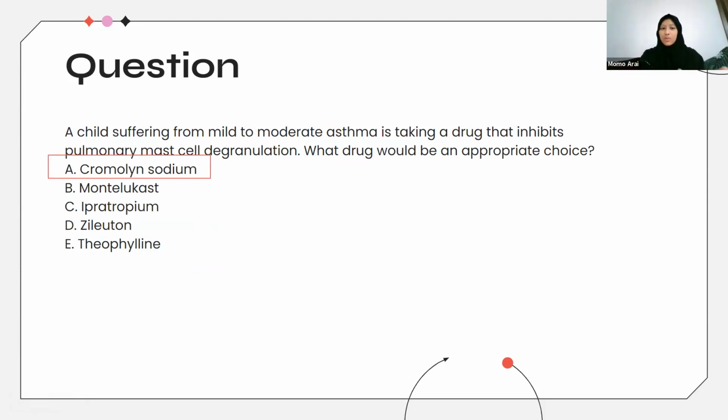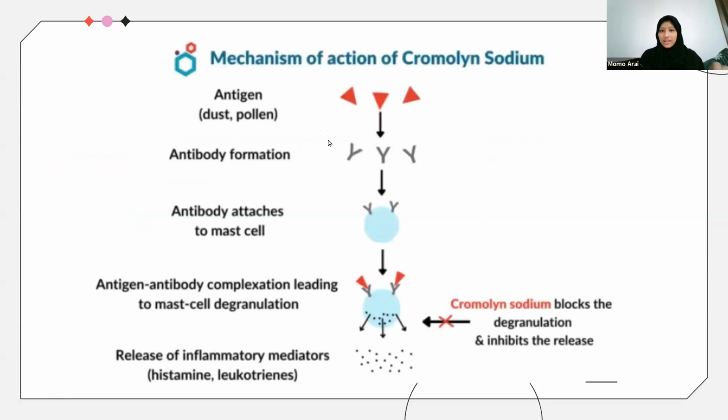Here, this is a picture I got, but basically mast cells degranulate, which releases histamine and leukotrienes. These are responses to allergic reactions. So whenever you have dust or pollen, this affects mast cells. They release histamine, which causes all the effects of allergic reactions, such as redness and swelling.